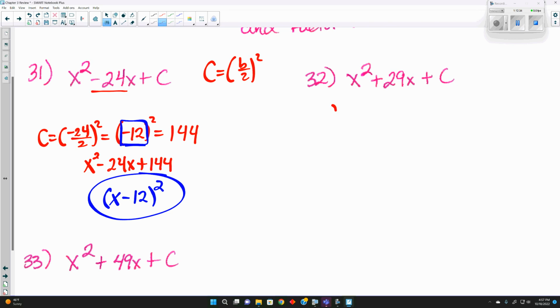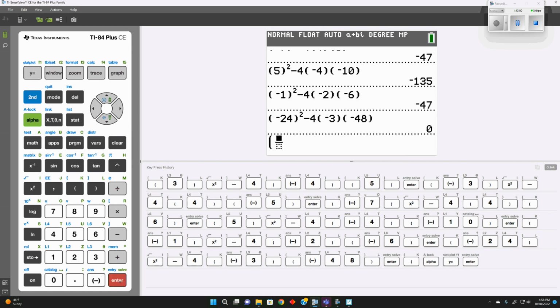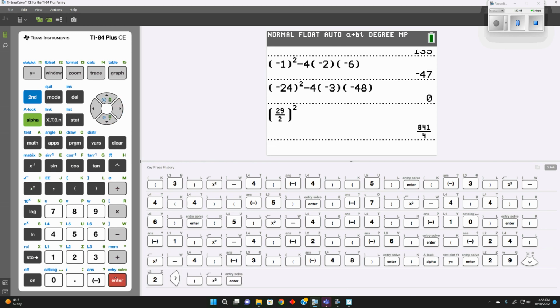We can look at the next one. Again, we want to find the value of c, which is our b over 2 squared. And this time it is positive 29. If it doesn't square nicely, we'll leave it alone. So here we'll just leave it as 29 over 2. And again, at this point we could type this into a calculator. So we could say parentheses, alpha y equals, enter 29 over 2, close parentheses, squared, hit enter, and it'll tell us that it's 841 over 4.